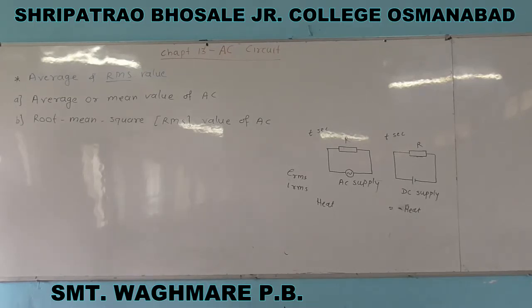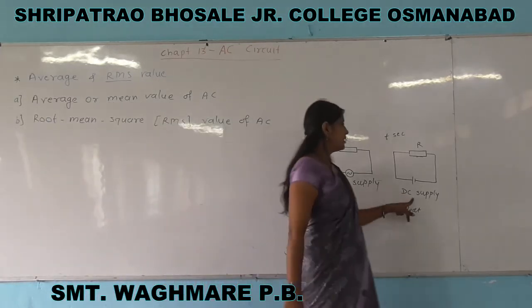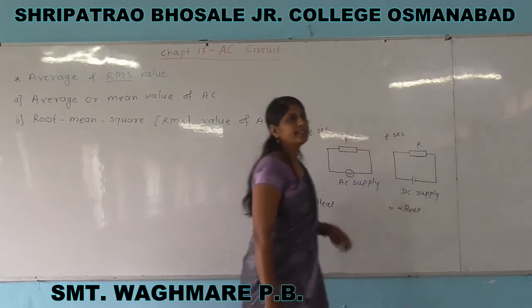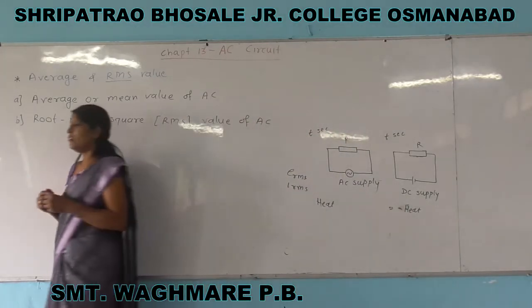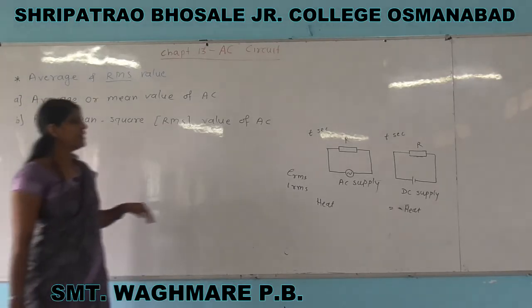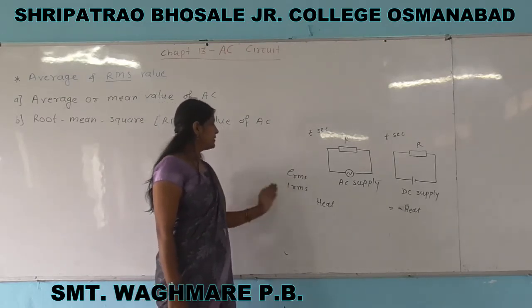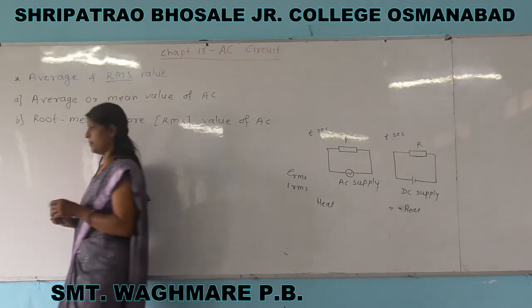The value of such a steady current is called the effective value or virtual value, or we can say the RMS value of the given alternating current. That is, we can say ERMS, and the current is IRMS.